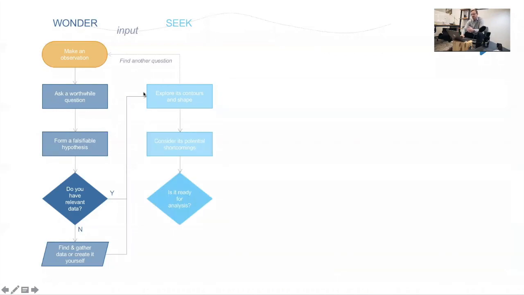Can't say it enough. So then if you continue down the road here of exploring the contours and shape, I think it's important to stop in a moment and ask yourself, what are the potential shortcomings of this data? An example would be, if I'm looking at earthquake data, I'm not looking at the number of earthquakes. That's not something that I can say.